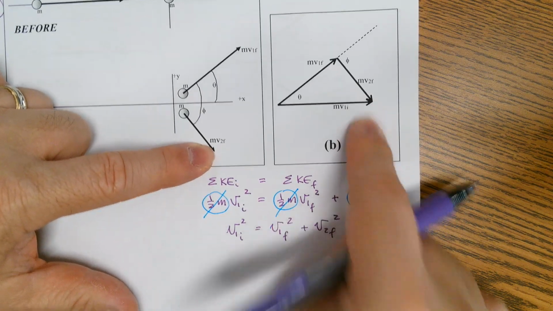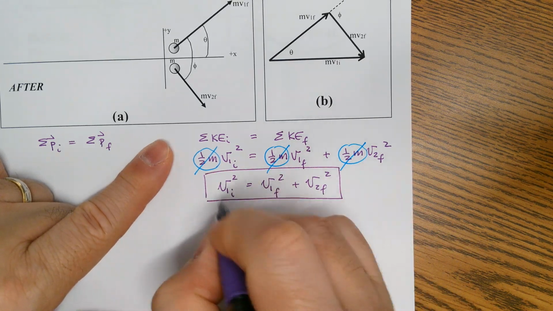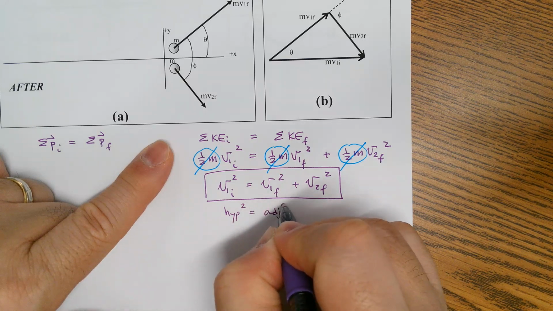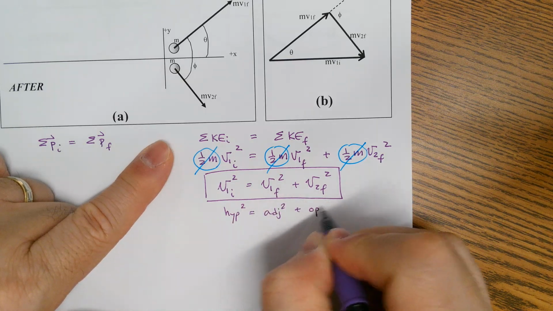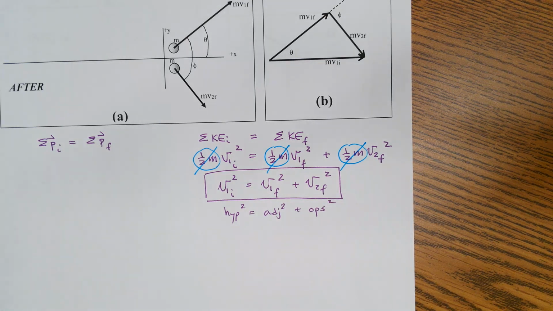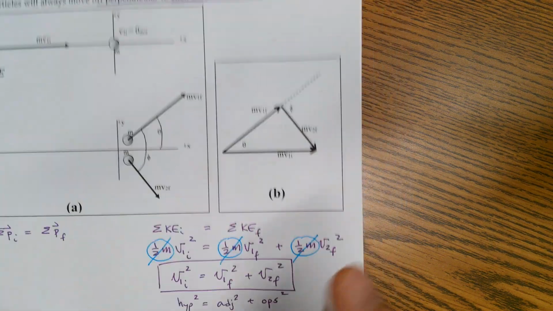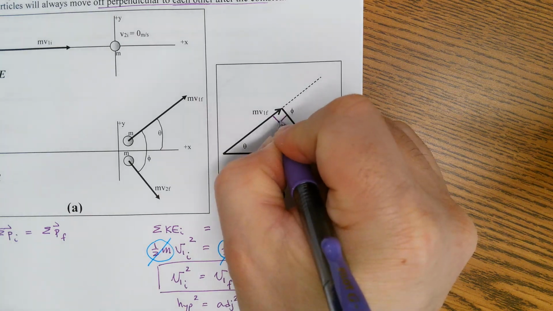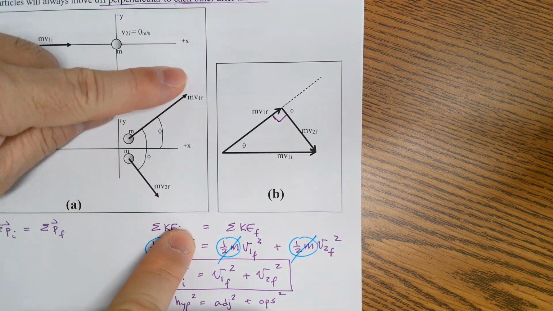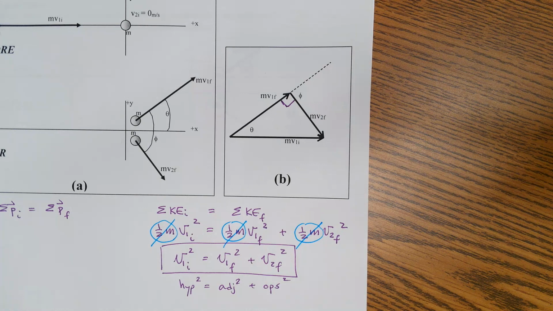This looks like the Pythagorean theorem, where the hypotenuse squared is equal to the adjacent squared plus the opposite squared, right? So this can only hold true if this is a right triangle. So this angle here, when they go off, has to be perpendicular to one another. It has to be a right angle.